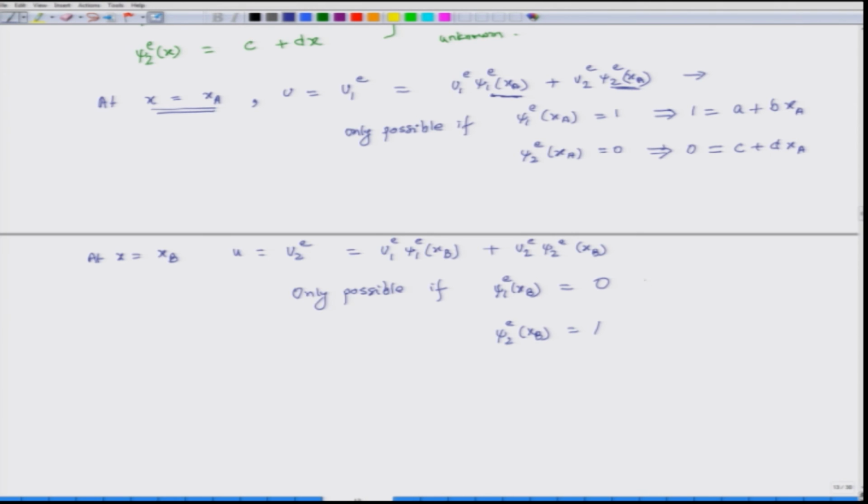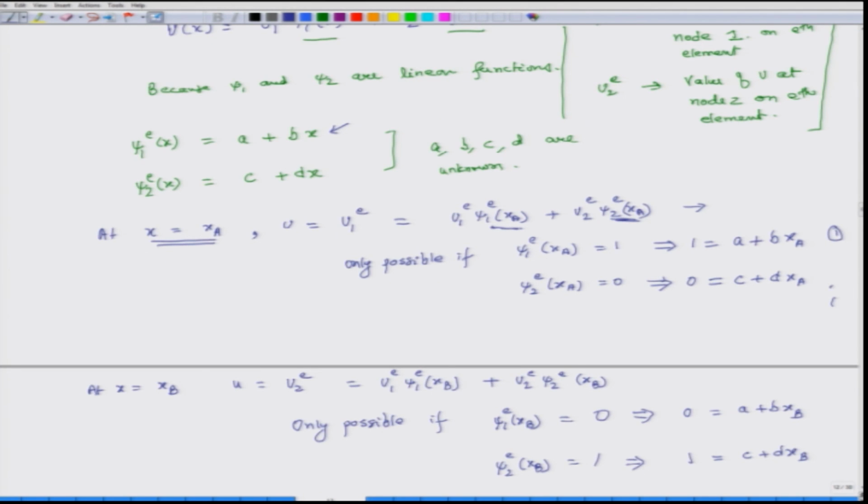So, this gives me another relation, 0 equals a plus b xb, and 1 equals c plus d xb. Okay. This is equation 1, equation 2, equation 3, equation 4.